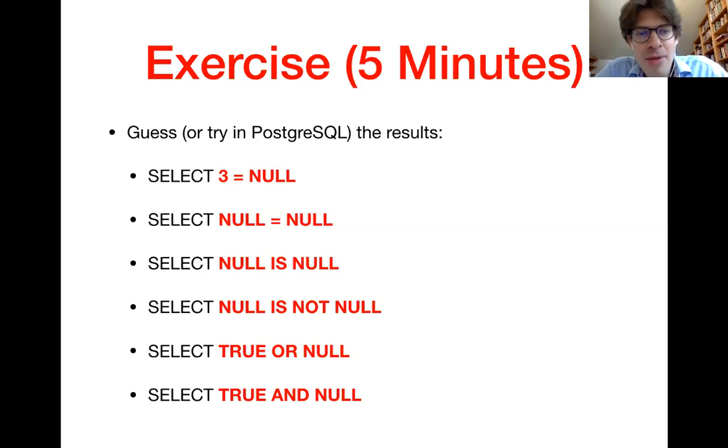So here I'm essentially asking whether 3 equals some unknown value, and whether that is the case depends on that unknown value. And since we cannot decide whether this is true or false, the answer to this query would indeed be null. Okay, and there's a couple of other examples here.